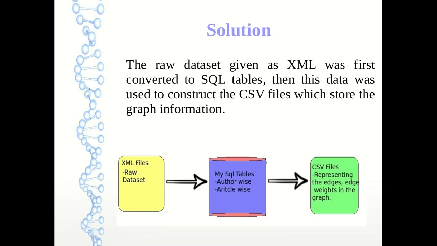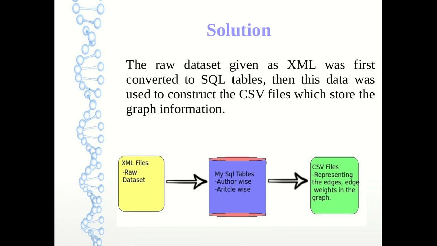Now let me explain how we approached finding different communities in the DBLP dataset. Our raw dataset was in the form of an XML file, which we first converted into MySQL tables. There were two tables, an author-wise table and an article-wise table.